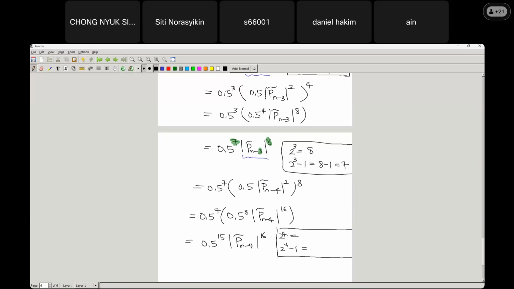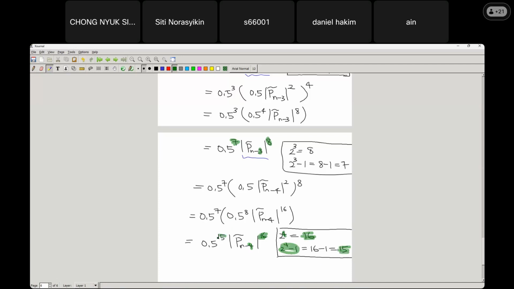So 2 power of 4 is equal to 16, and this is 16 minus 1, which is equivalent to 15. So you see, it matches with the concept that we have. For 4, I get 16, and 2 power of 4 minus 1, I get 15.